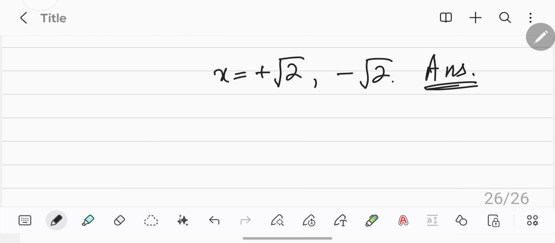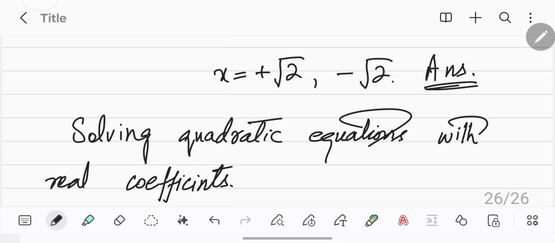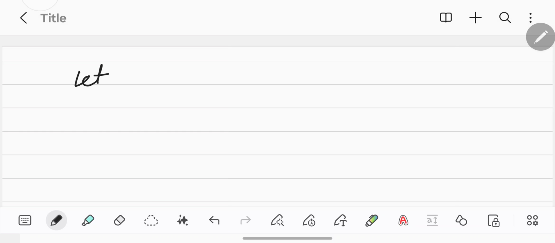Okay, so this is the basic theory needed to solve quadratic equations. Now let's come to the point. In this video, our main target is solving quadratic equations with real coefficients. We suppose that a second degree equation is ax square plus bx plus c equals 0.